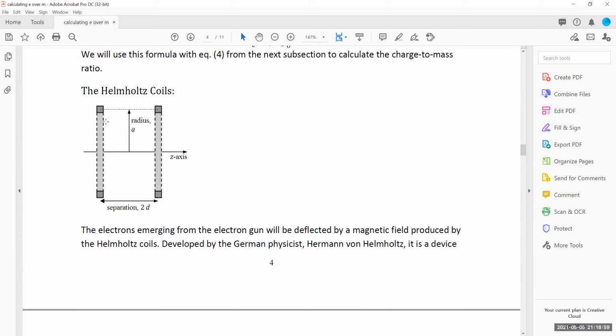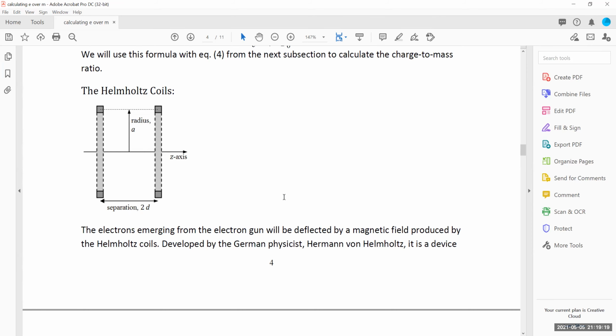This distance in here is D, and this distance in here is D. So if it is somewhere in here, it has a coordinate Z in this coordinate system, then it's at D minus Z from this one, and at D plus Z from the other one. Which one is left, which one is right, it doesn't matter.